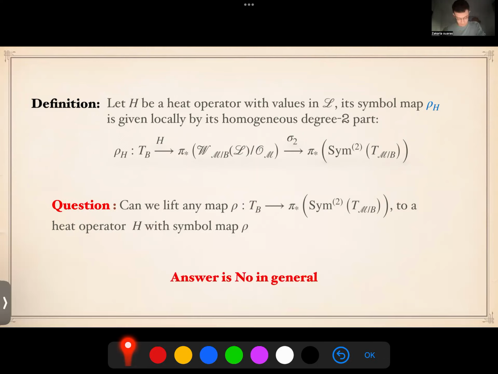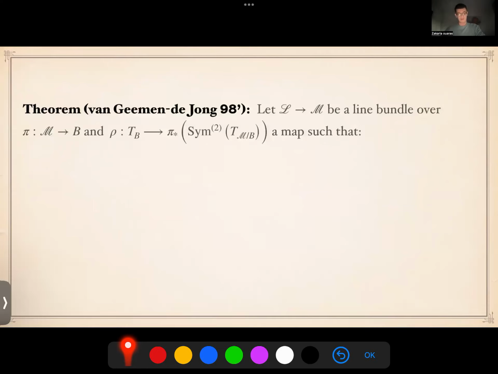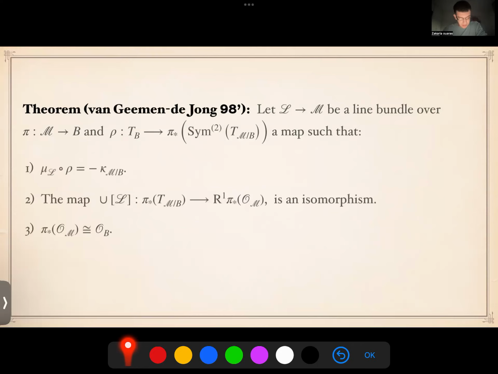Well, the answer is no in general, because the fibers of your map pi are not necessarily products. It's not necessarily a trivial fibration. And to address this, van Geemen and de Jong showed the following theorem: if you have a symbol map, you need 3 conditions.